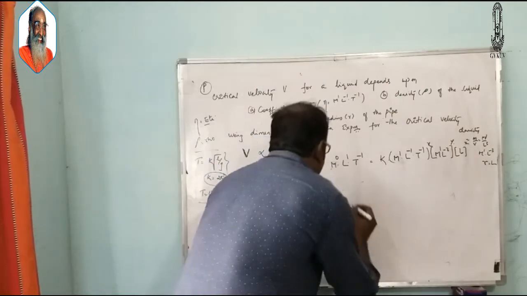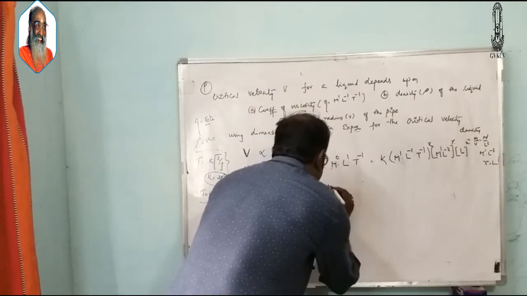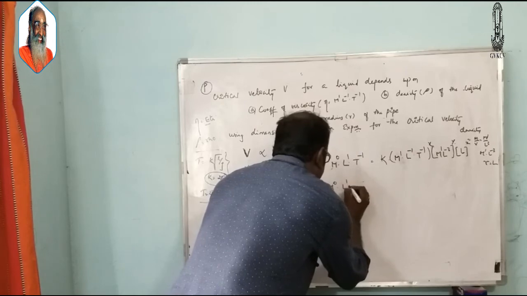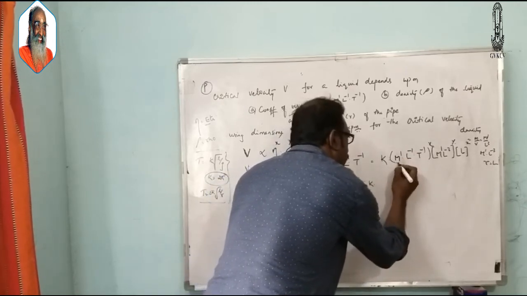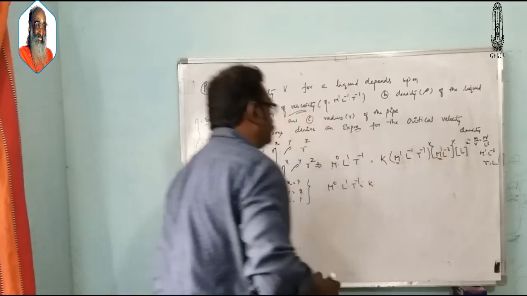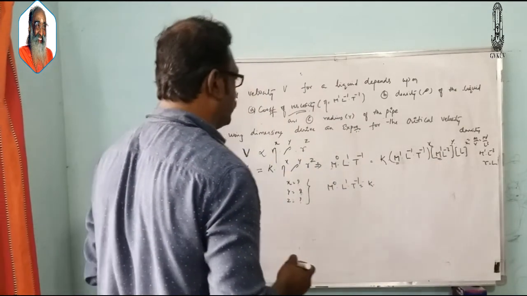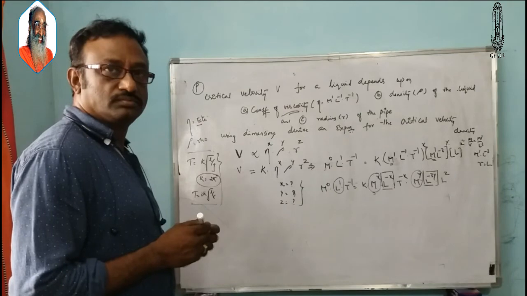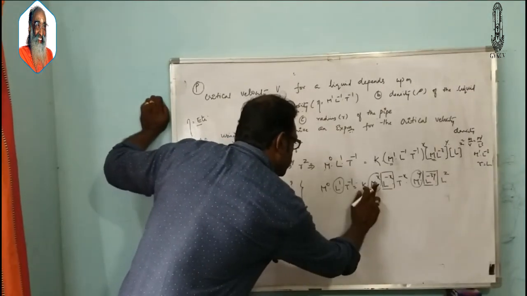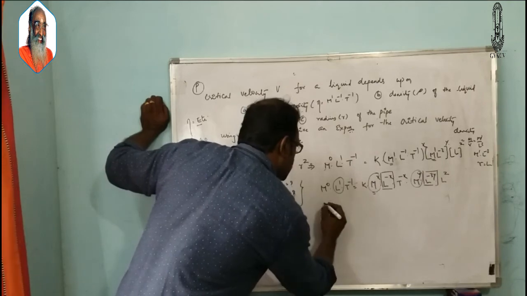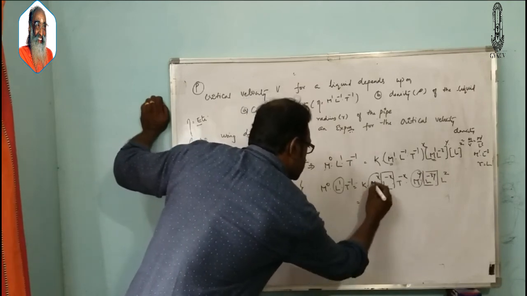Okay, now here it is M0 L1 t minus 1, k, and on the right M1. Comparing the dimensions of mass, I can write it like this.